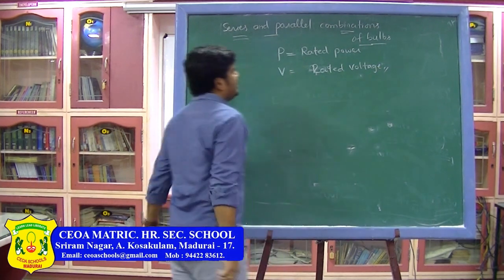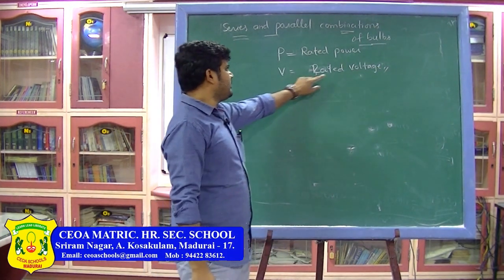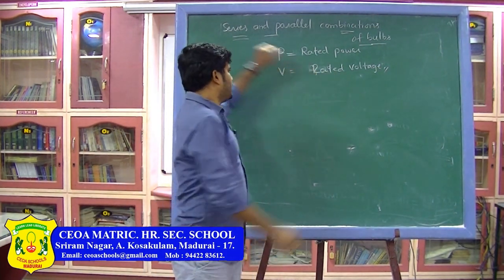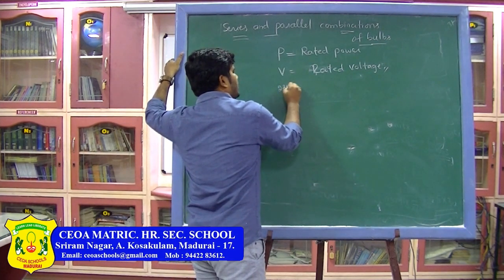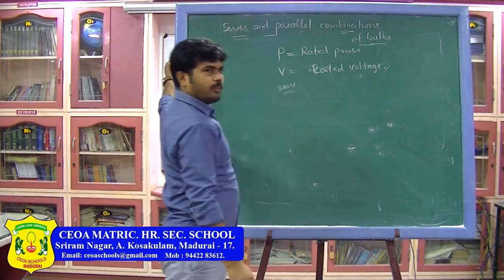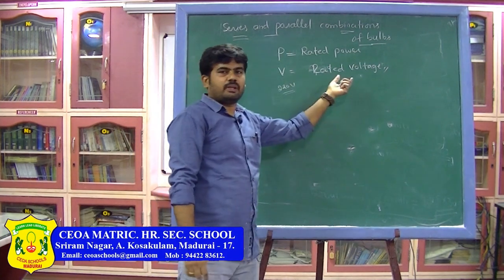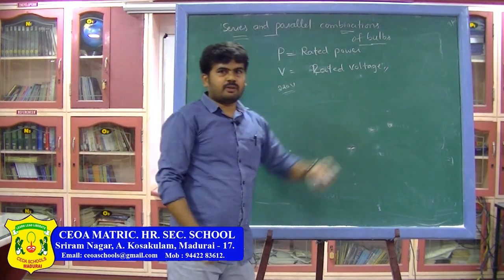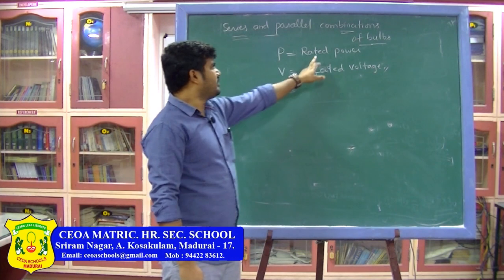If the rated voltage is 220 volts for an electrical appliance and you operate it at more than 220, it will get damaged. That is the meaning of rated voltage, and similarly rated power.